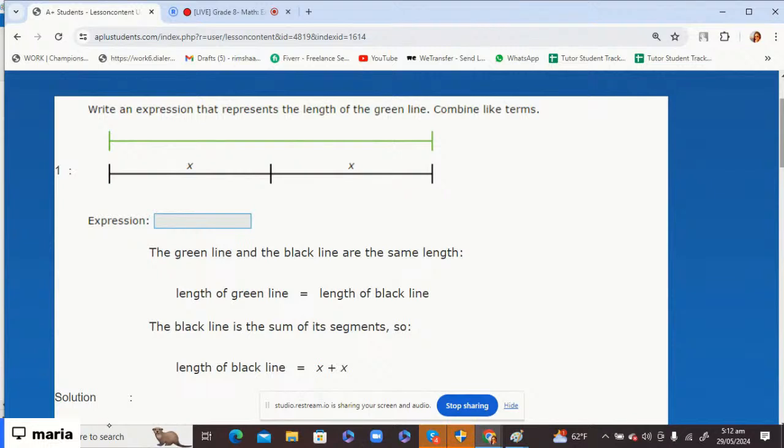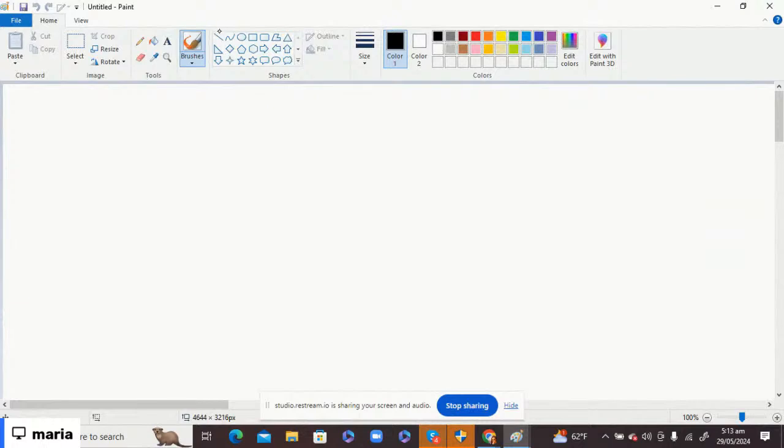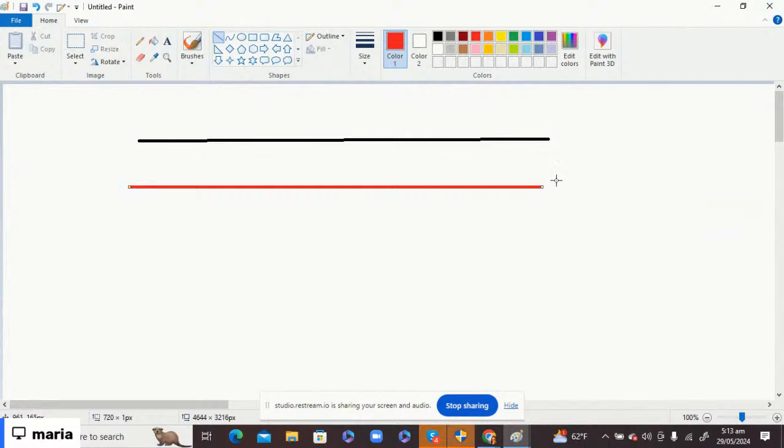Both lines are the same. This is your black line, then this is your red line, let's suppose, or the green line. Black line, they are saying that half of this one is x, half of this one is x, and they are saying to write down the final length of the red one.